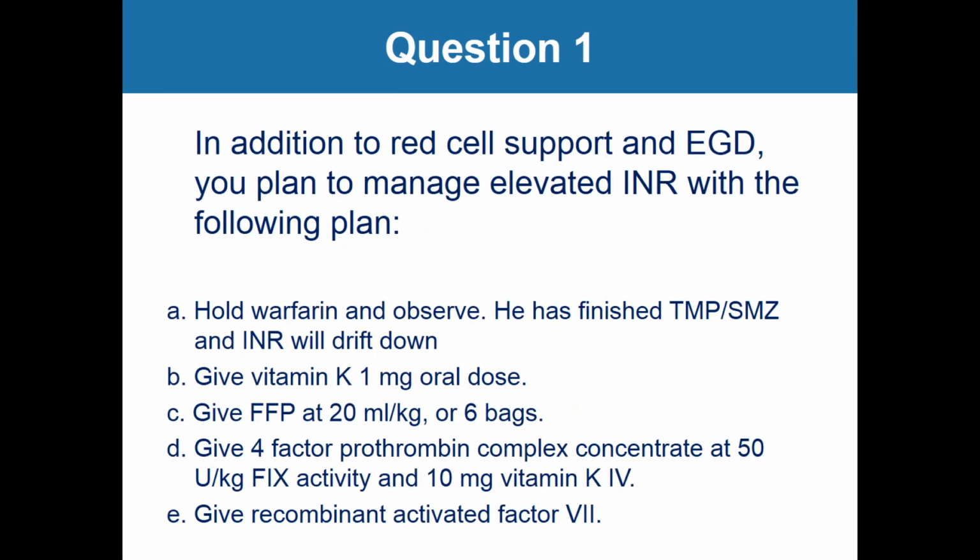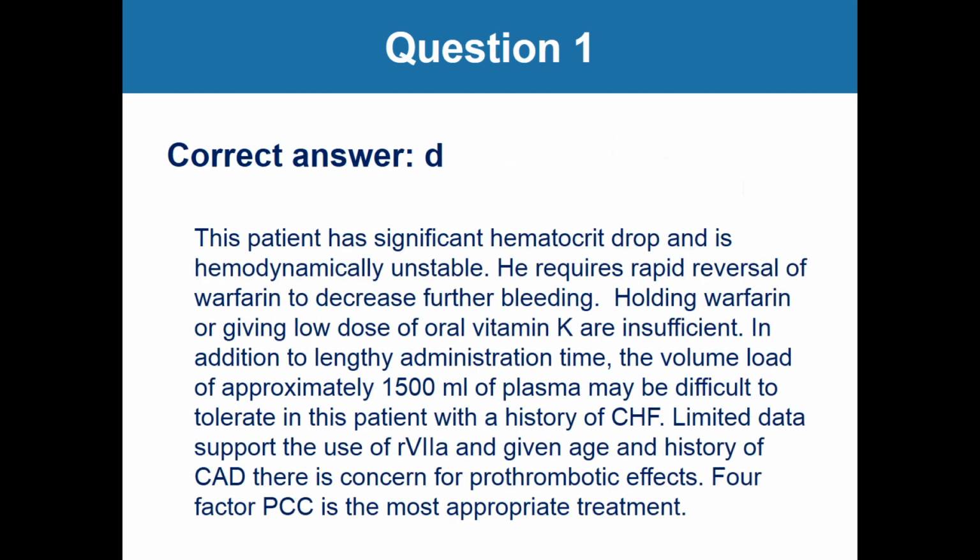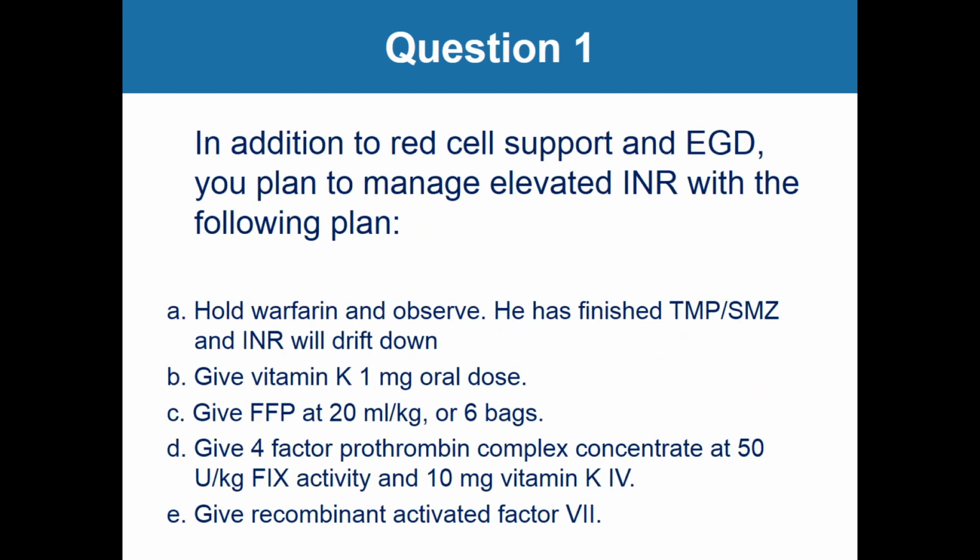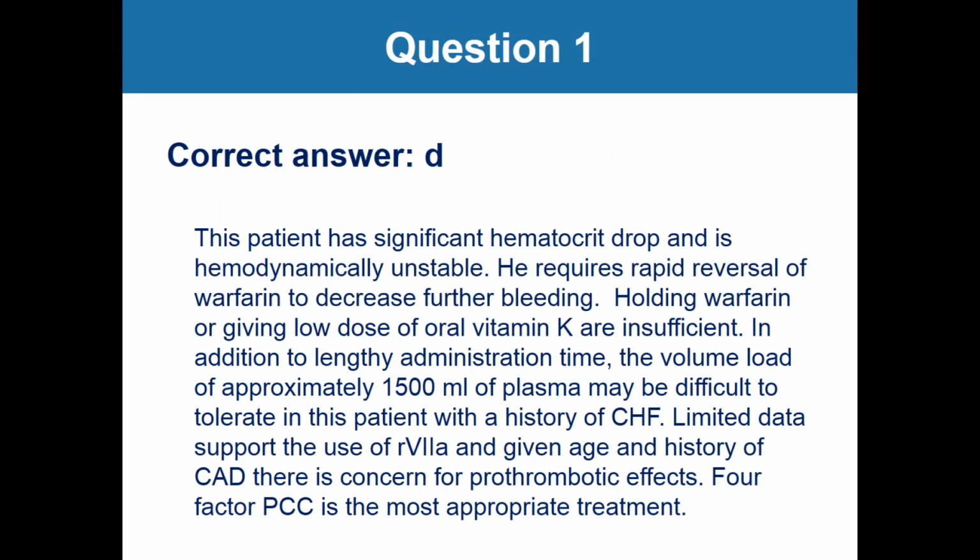For question one, the correct answer is D, give 4-factor prothrombin complex concentrate at 50 units per kilo. This patient has significant hematocrit drop and is hemodynamically unstable. He requires rapid reversal of warfarin to decrease and prevent further bleeding. Holding warfarin or giving low dose of oral vitamin K are insufficient.